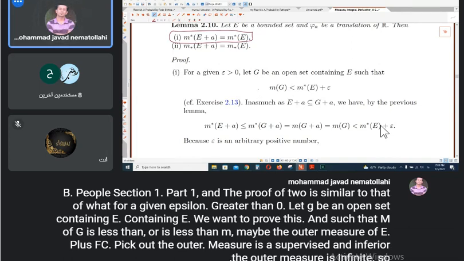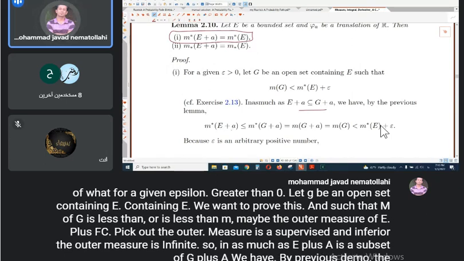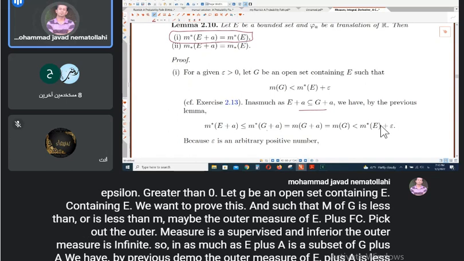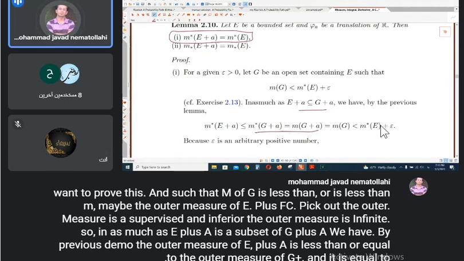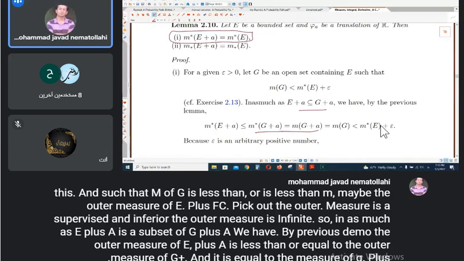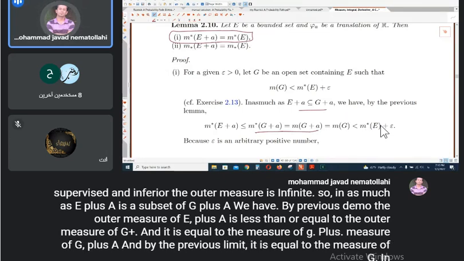So, inasmuch as E + A is a subset of G + A, we have, by the previous lemma, the outer measure of E + A is less than or equal to the outer measure of G + A, and it is equal to the measure of G + A. And by the previous lemma, it is equal to the measure of G. It is less than the outer measure of E plus epsilon.